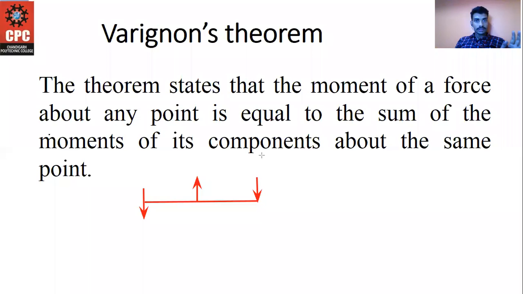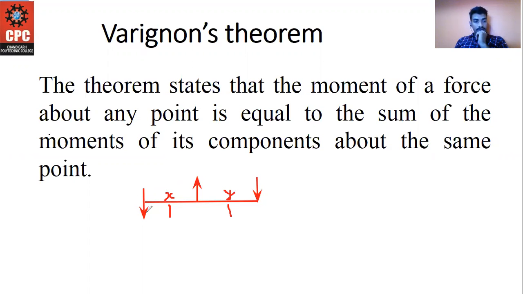The distance from this to this point, let's take it as x, and this is y. You can take it as 1 meter, and again it is 1 meter from this very point. Now we can easily calculate the moments.